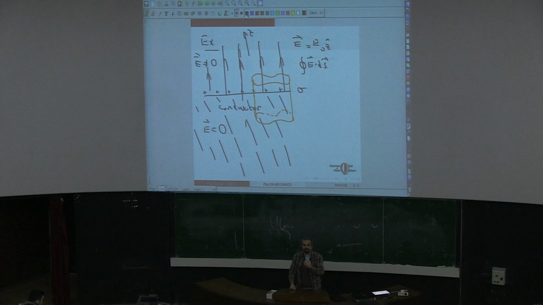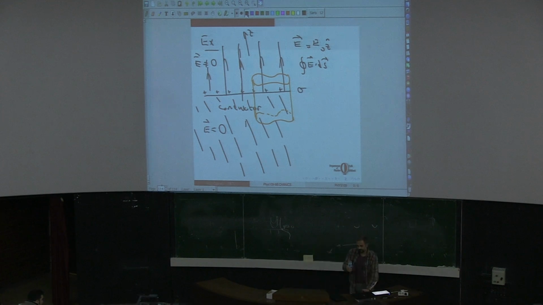The area vector will be perpendicular to the surface. You can choose it to point inward or outward, it doesn't matter, but for simplicity let's assume it's pointing outside. On the top, it will be pointing up. On the bottom, it will be pointing downward.